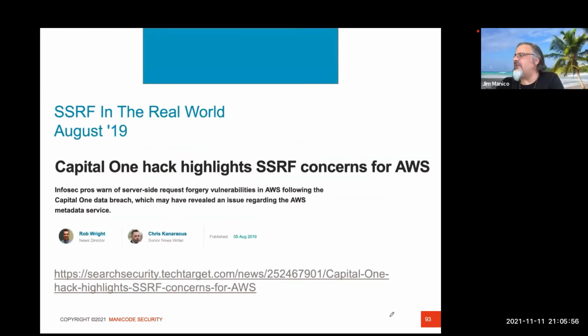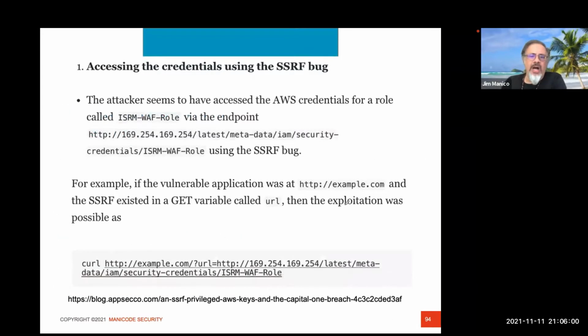And we saw the first big event about 2 years ago when Capital One had 100 million credit card applications stolen. This is the standard location for your Amazon Web Service WAF's credential file. What happened was Capital One was using a parameter that caused the server to load and embed a resource.